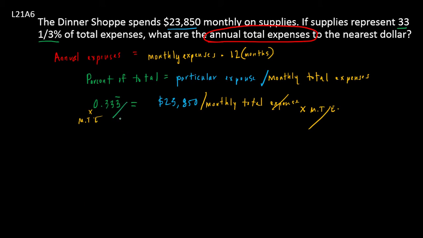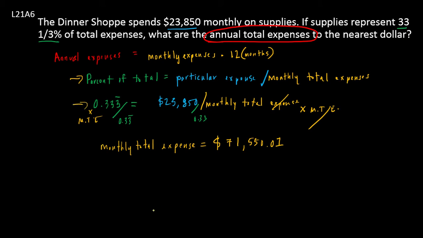Now I'll divide both sides by 0.333 repeating, and I'll find that my monthly total expense is equal to $23,850 divided by 0.333 repeating, which gives me $71,550.01. So again, I just found that by taking my percent of total equation, plugging in what I knew, and then rearranging the equation to solve for monthly total expense.